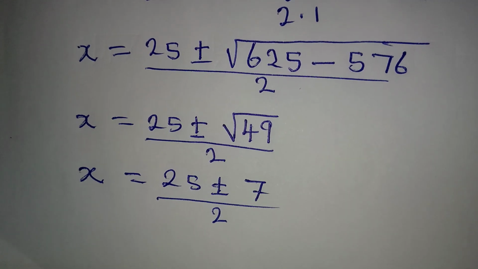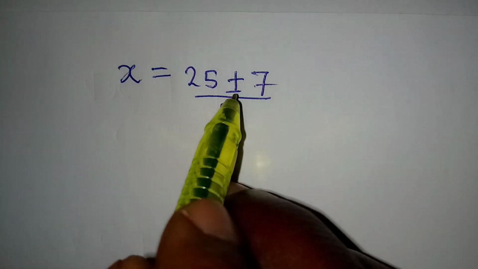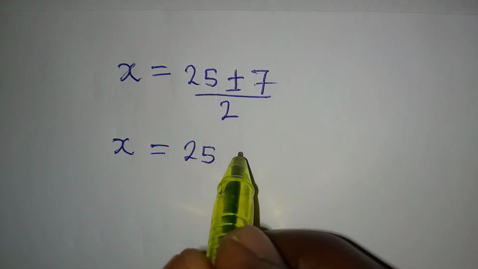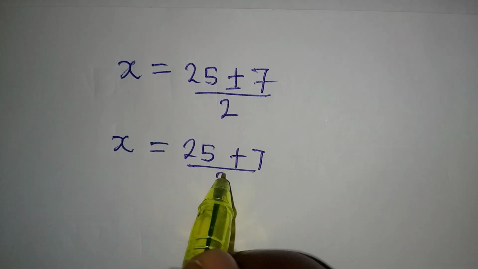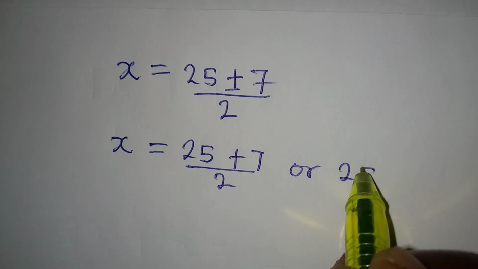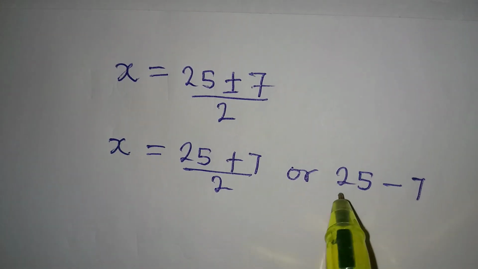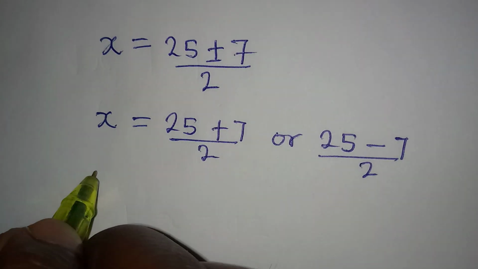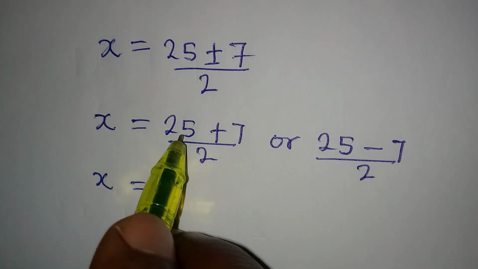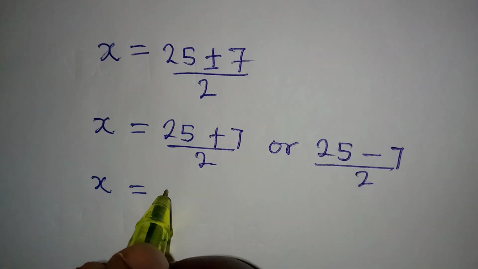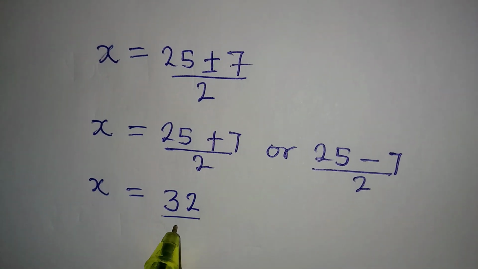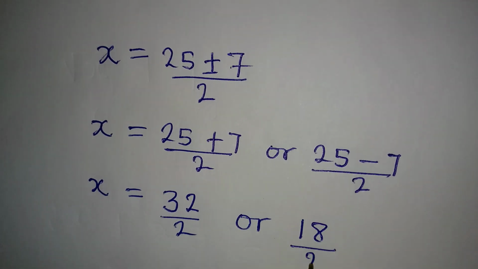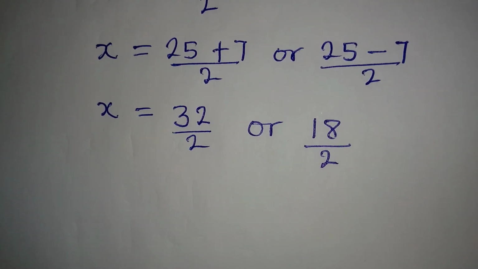Okay, to continue with this, we are going to split this into 2 so that we have x equal to 25 plus 7 over 2, or 25 minus 7 over 2. Okay, because of this plus or minus, so that x from here is equal to this plus this will give us 32, right? So we have 32 over 2, or from here we are going to have 18 over 2. That is 25 minus 7.